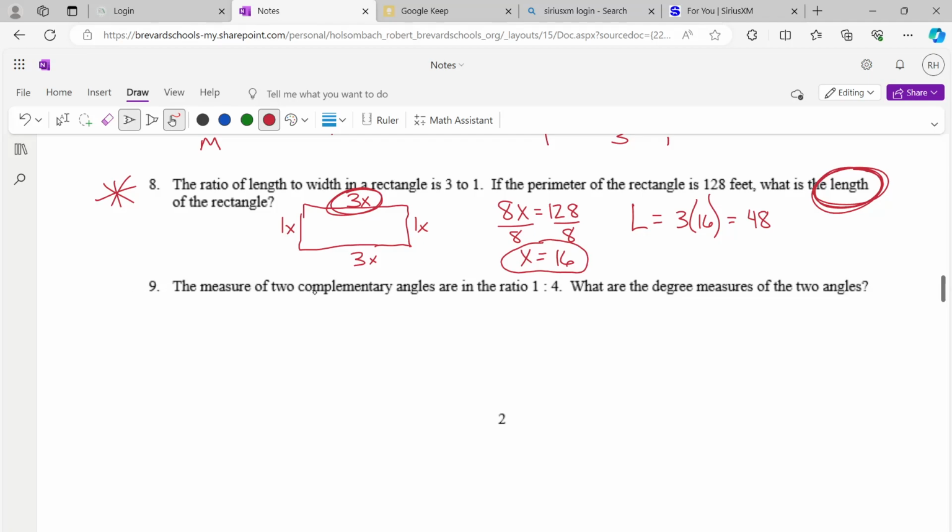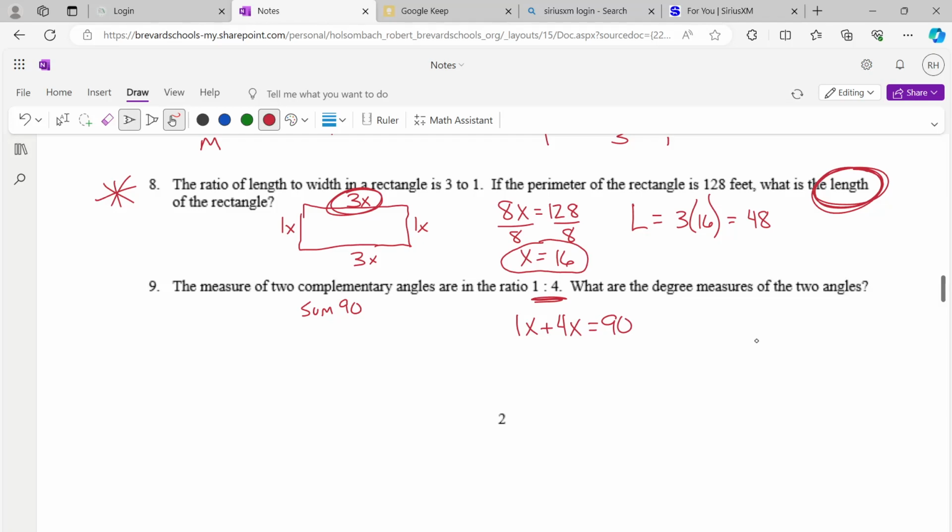Problem number 9, the measure of two complementary angles. Complementary angles, they sum to 90. And the ratio is 1 to 4. What are the degree measures of the two angles? We take a 1x plus a 4x, we set it equal to 90.